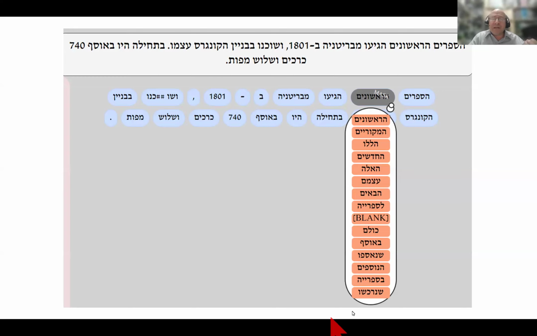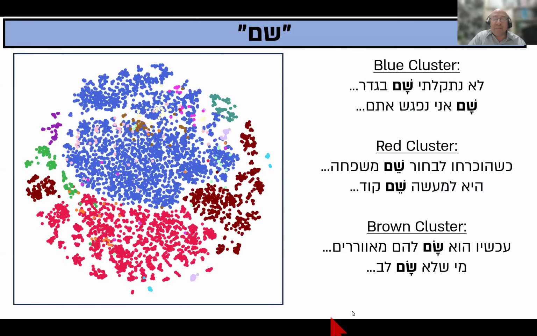So what we're doing in this lecture is probing those high dimension embeddings to see how they're situated in the high dimension space, and what that space can teach us if we use those embeddings directly. All right, so to come back here, what's happened is that I took each of those 10,000 sentences, put a mask on each instance of Shin Mem, and generated an embedding for it.